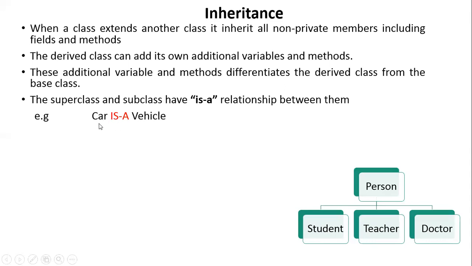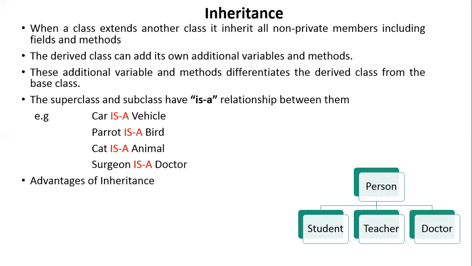So here are a few more examples. If vehicle is a base class and car is a child class, then car and vehicle have an is-a relationship. So we can say car is a vehicle, parrot is a bird. Similarly, we can say surgeon is a doctor.